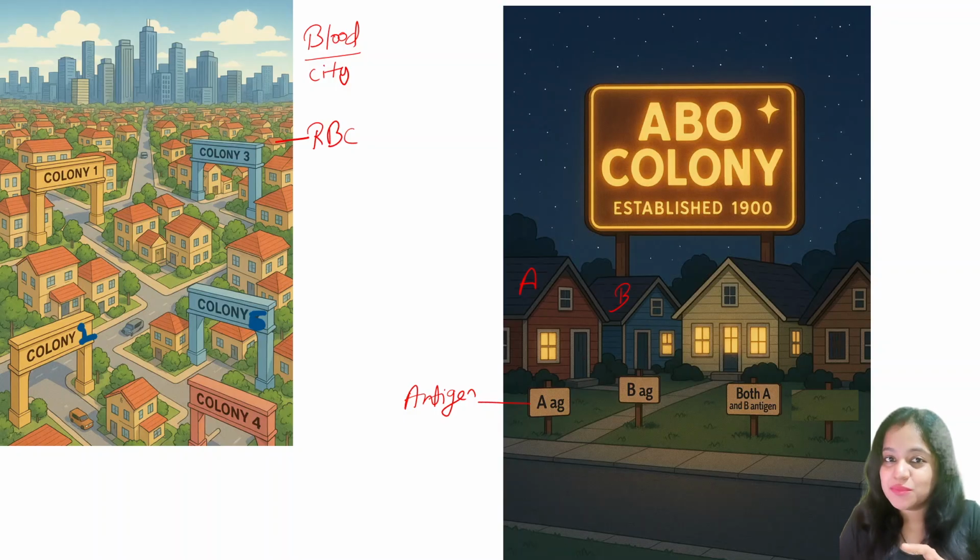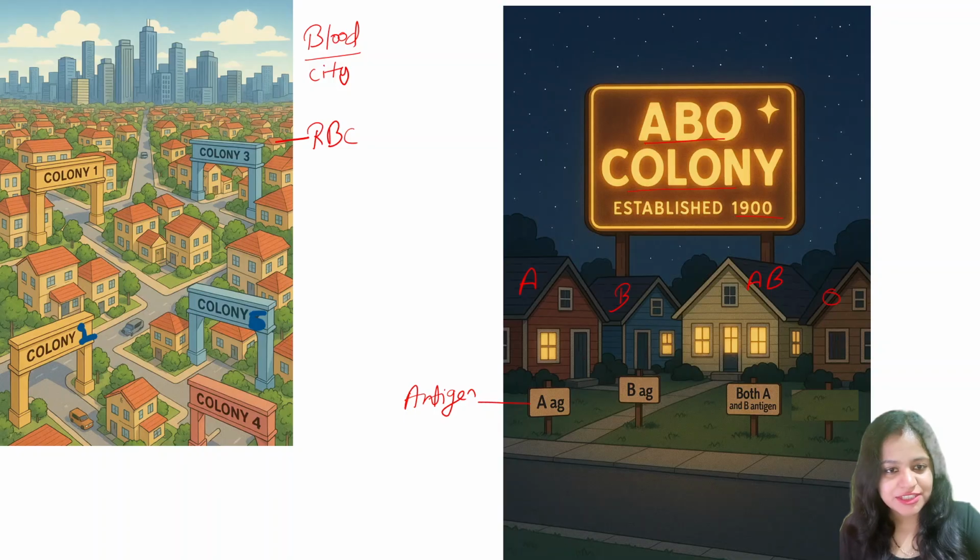It is like having both A and B antigen on the surface of RBC. So this is your blood group AB. Now this house has no nameplate. It's empty. So that is like having no antigen on the surface of RBC. This will be blood group O. This is the ABO colony or your ABO blood group system, which was discovered in the 1900s.